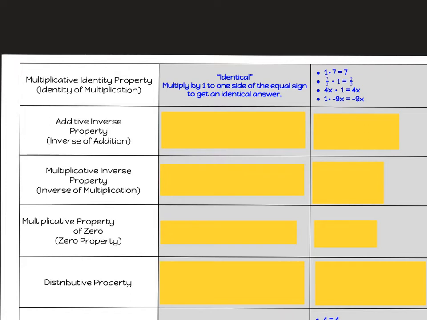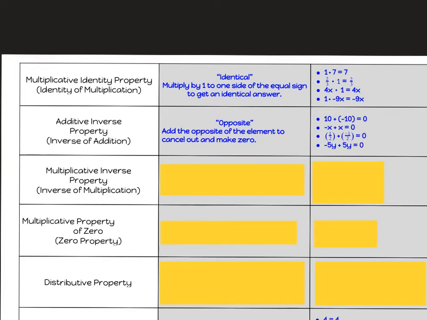With the additive inverse property, this is probably something that you're going to recognize from a recent math class. When you hear this term, I want you to think of opposite. This is when you add the opposite or the inverse of the element to cancel out and make 0. So here are some examples of that.